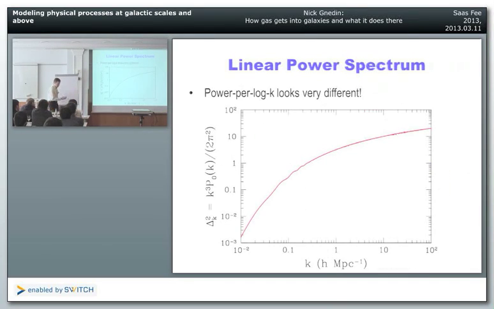So if you compare the power per log k, and sometimes people use k cubed times P of k, so it's a power per log absolute value of k, this has a very different shape. It grows with k, and for a large range of k, it goes roughly as k to the minus first power.